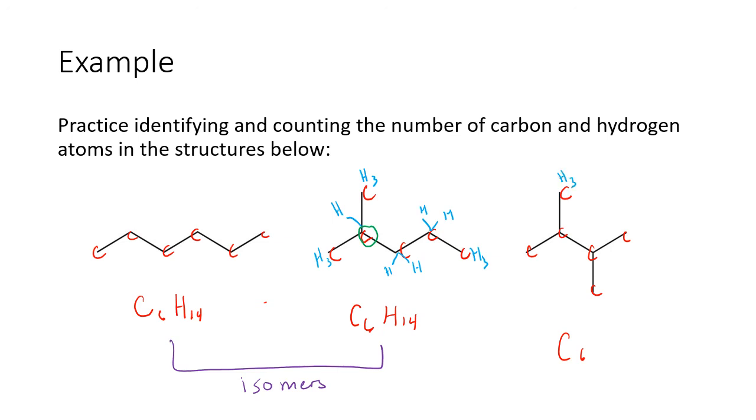So 3 at the end here, 3 at the end here, 3 here, and 3 here. So that gives us 12 hydrogens so far. And then the other carbons each already have 3 bonds, so they each need 1 more hydrogen coming off. So we're going to have 2 more from there. So that gives us a total of H14 again. So all 3 of these structures are isomers.